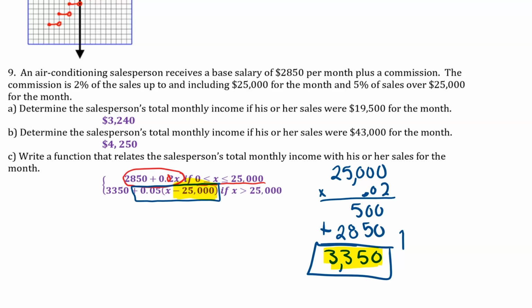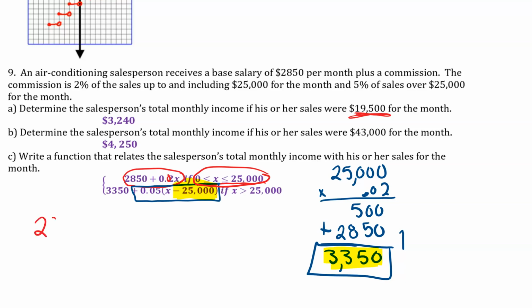All right. Determine the salesperson's total monthly income if his or her sales were 19,500. So we always look here first. 19,500 is between 0 and 25,000. So we're going to plug into the first equation.